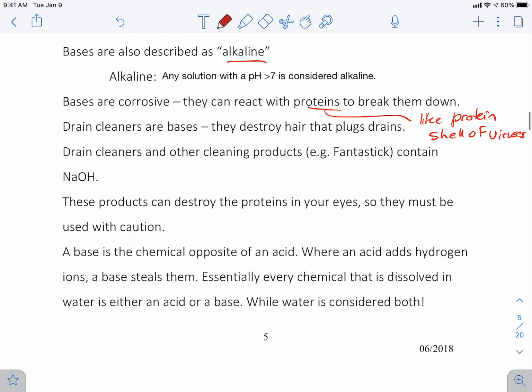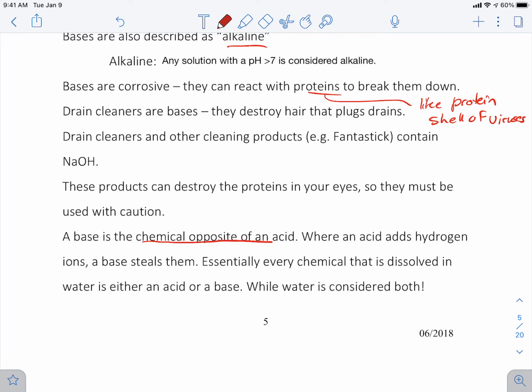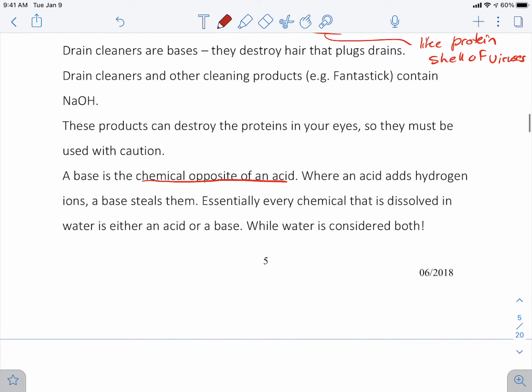A base is a chemical opposite of an acid. Where an acid adds hydrogen ions, a base steals them. Essentially, every chemical that is dissolved in water is either an acid or a base. So pretty much every chemical that you add to water, with the exception of non-ionic compounds, essentially every ionic compound that's dissolved will typically increase the amount of protons, which are the acid unit, or the amount of hydroxide.